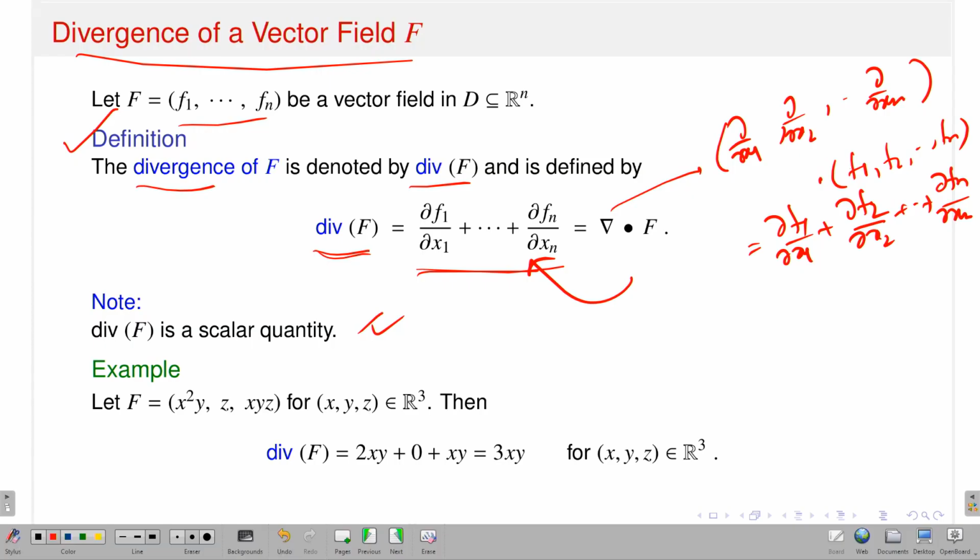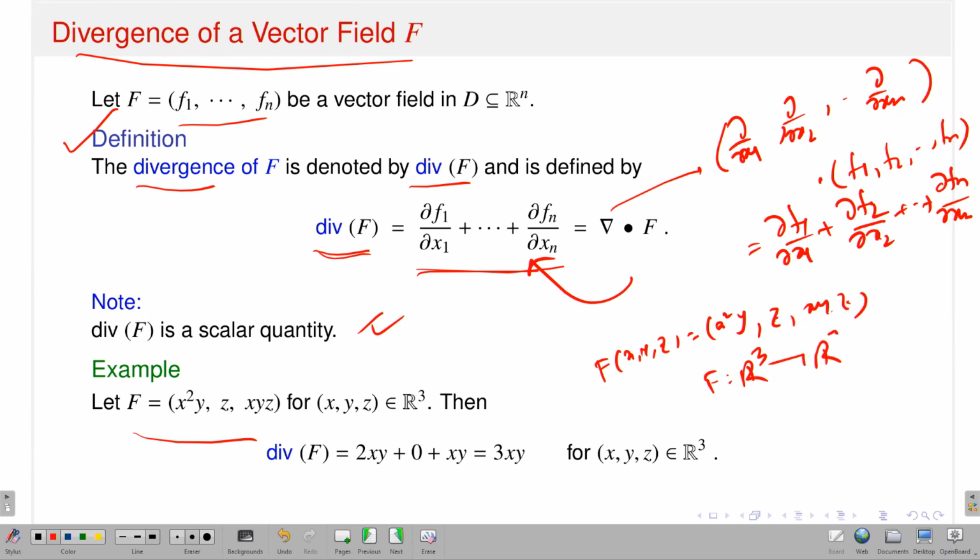For example, one example I have given: if I take the vector field F equal to x square y, z, x y z. This is my vector field F of x, y, z, a map from R3 to R3.